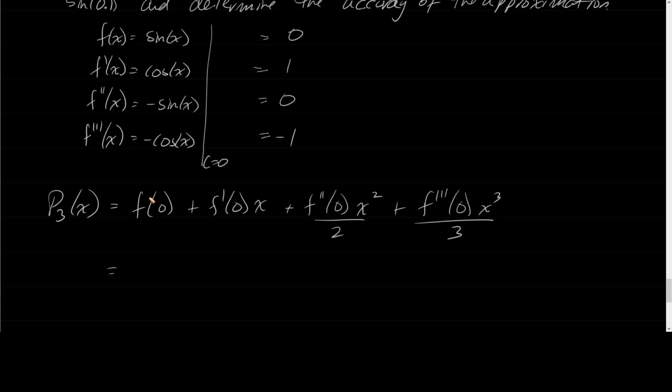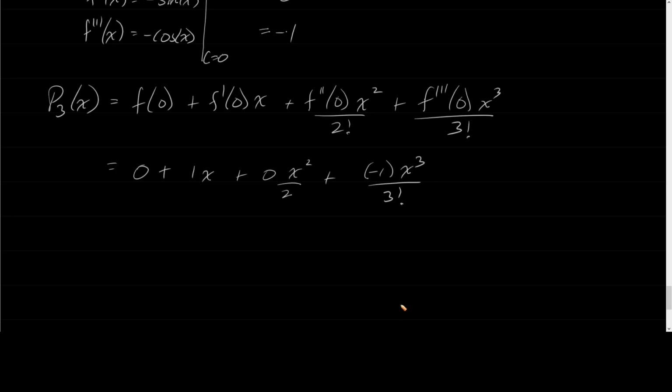In this case, f of 0 was 0, plus f prime of 0 is 1. So I have 1 times x, plus f double prime of 0 is 0, so 0 times x squared over 2 factorial, plus f triple prime of 0 is negative 1, and then we have x to the third over 3 factorial.